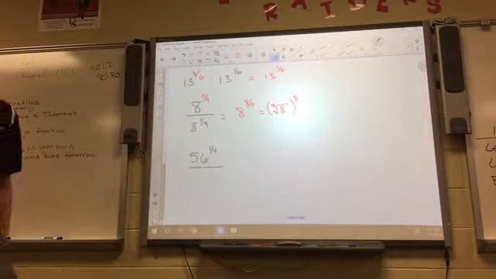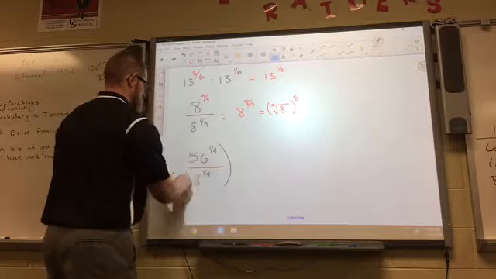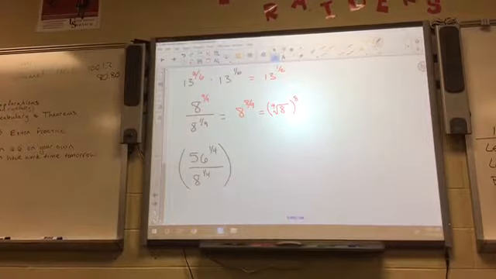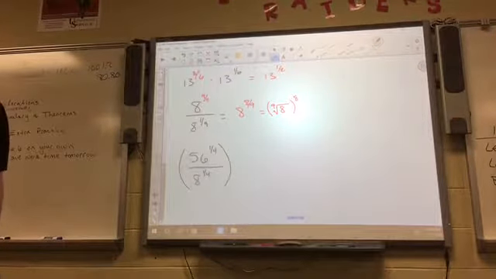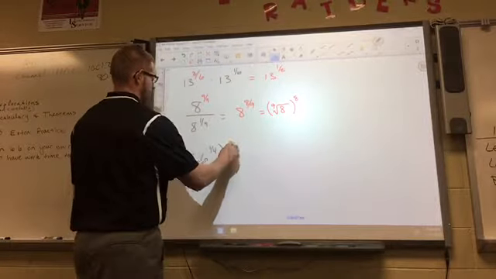divided by 8 to the 1/4, all raised to the 3rd power.